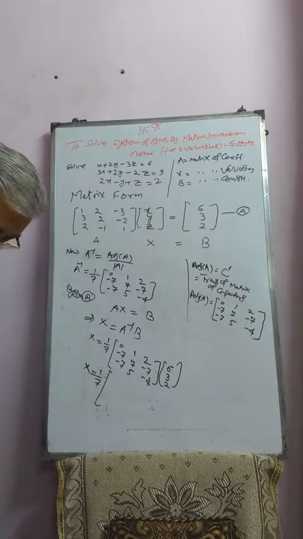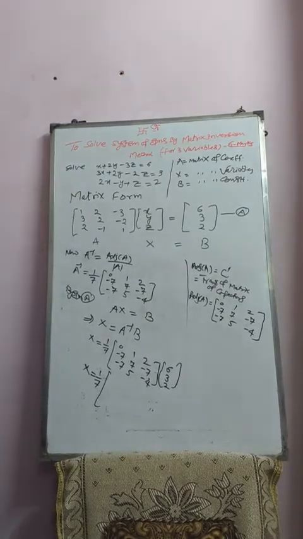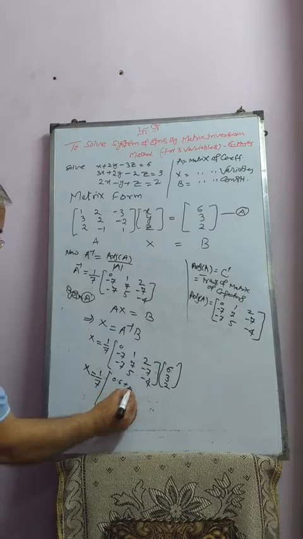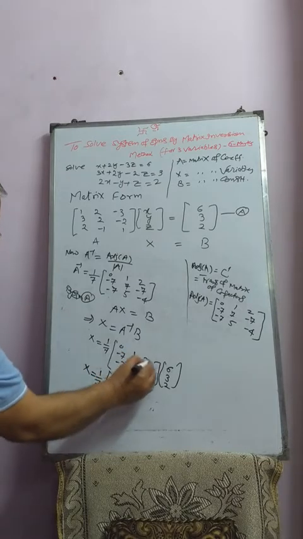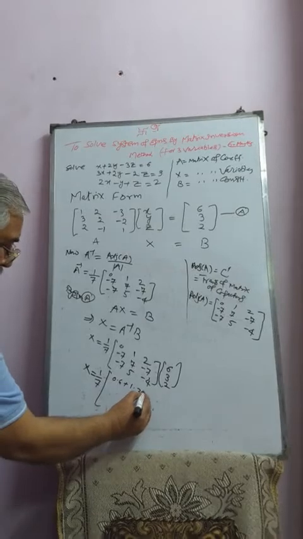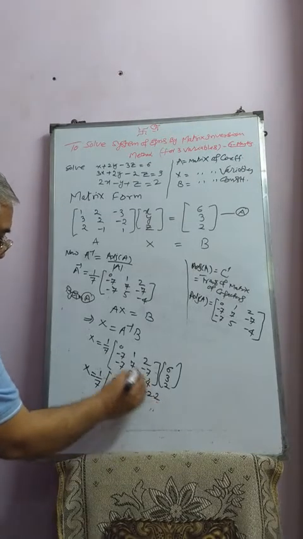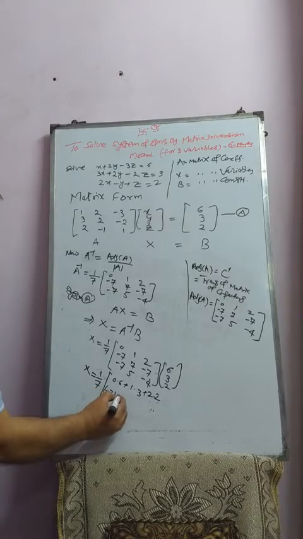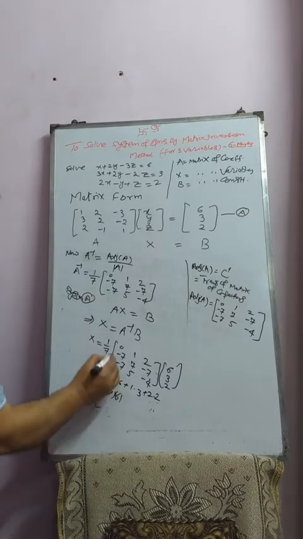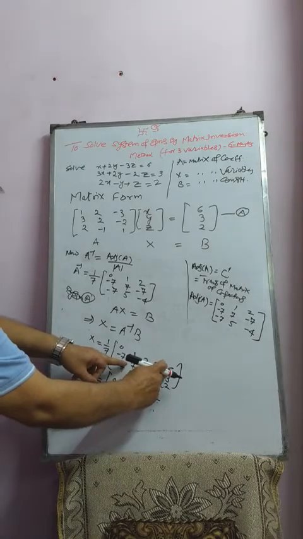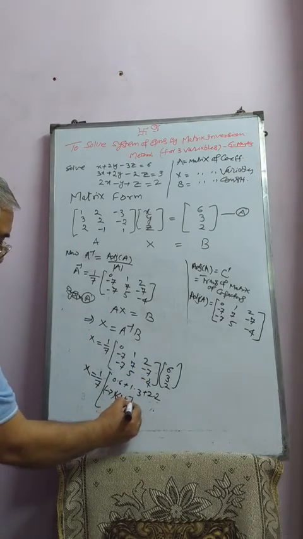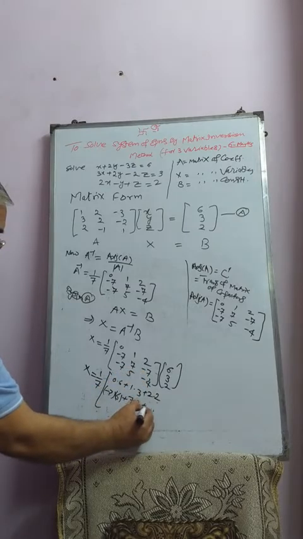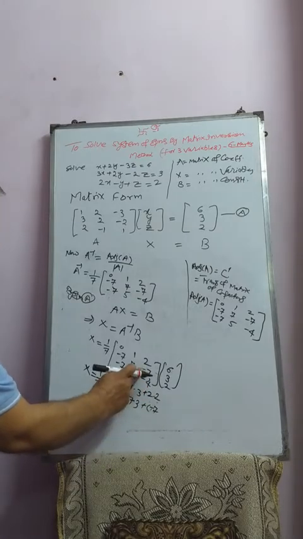I am going to multiply them. 0 into 6 plus 1 into 3 plus 2 into 2. Again minus 7 into 6, 7 into 3, plus minus 7 into 2.